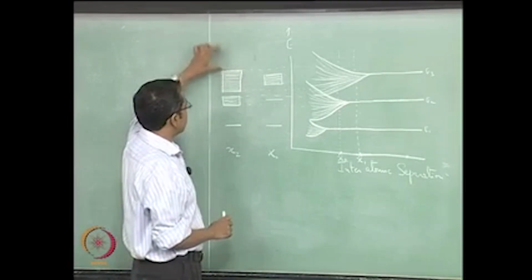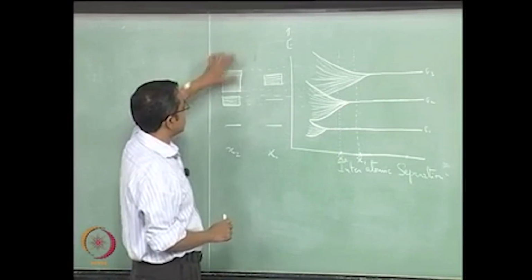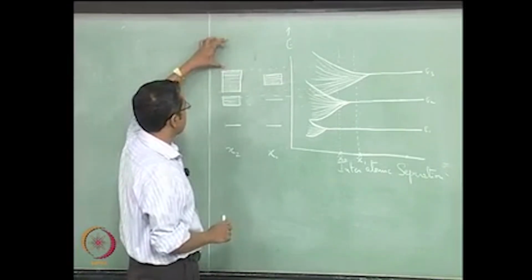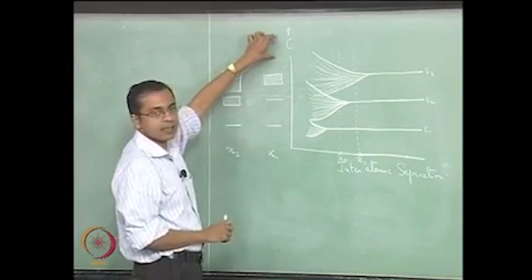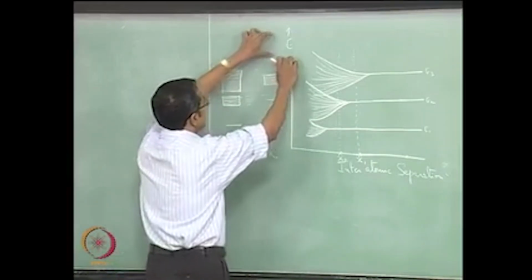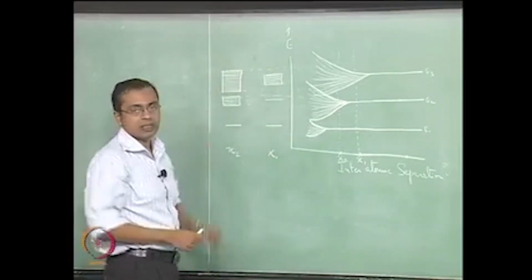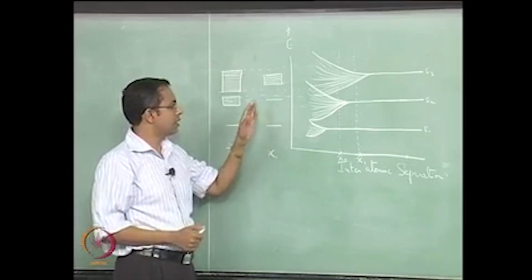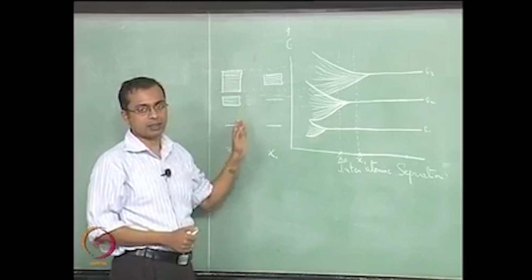Based on the separation between that band and this band, clearly the separations are going to be different: it is going to be closer here, and further apart here, so this gap is going to be larger here and smaller here. Based on the separation we could either have this material being an insulator or a semiconductor.